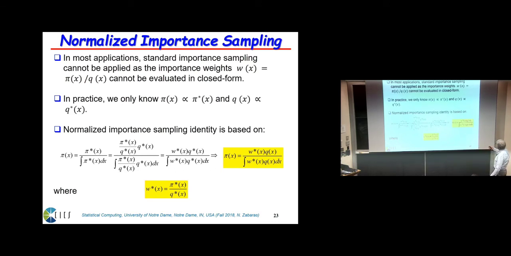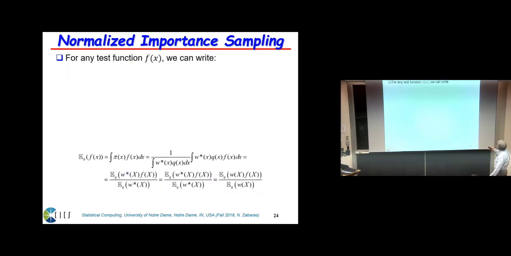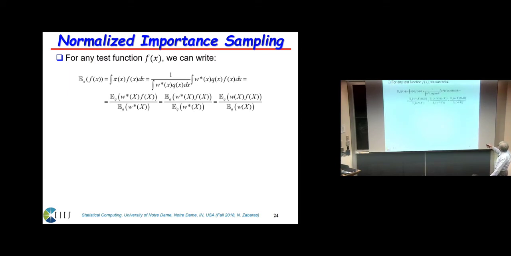Pi equals w star q divided by this integral of w star q. All right? And so let me write nicely the numerator. The numerator then is an expectation with respect to q of w star times f. All right? And the denominator is an expectation with respect to q of w star.